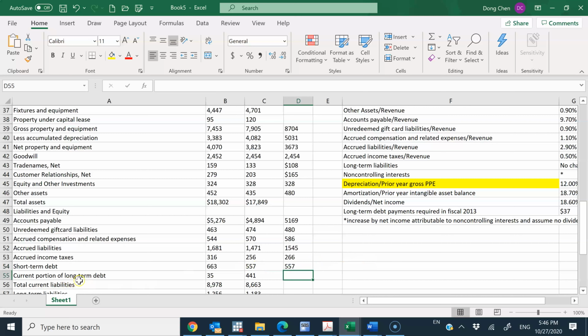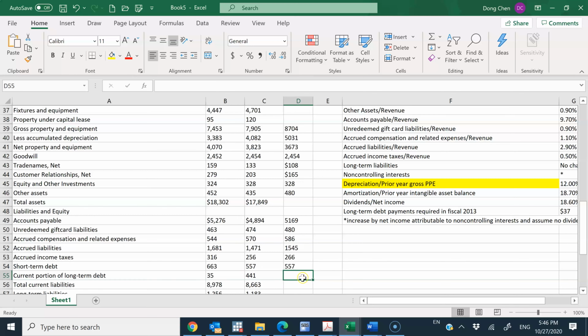And current portion of long-term debt. It's a bit tricky here because this refers to the portion of the long-term debt that will become due in the next year. So after 1 year, the total amount here for 441 will become due. So this part is gone.